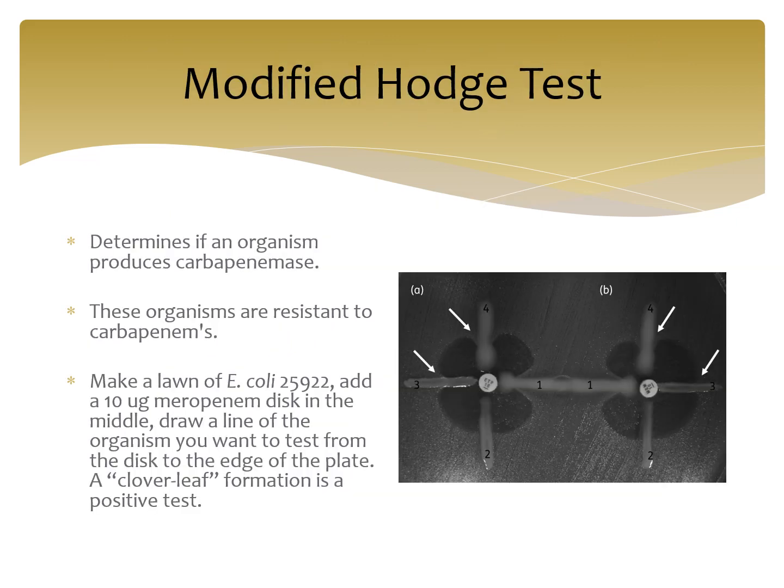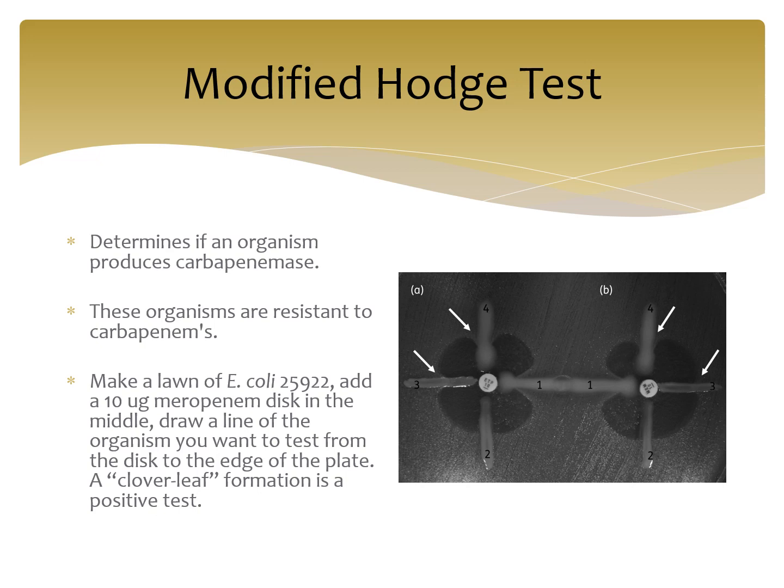Now, there is a susceptibility test called the modified Hodge test that we can use to determine if our bug produces carbapenemase. If our bug produces carbapenemase, then that makes them resistant to the carbapenem drugs. The way that we do this test is we make a lawn of E. coli 25922. That's not the organism we're actually testing, but that is the quality control organism that we use to make our lawn.